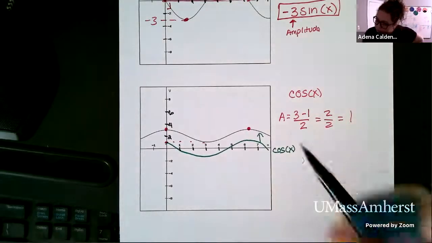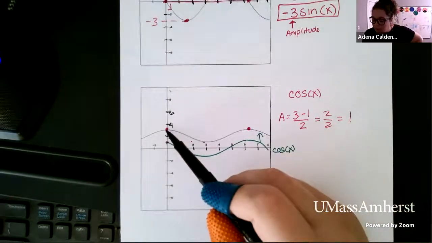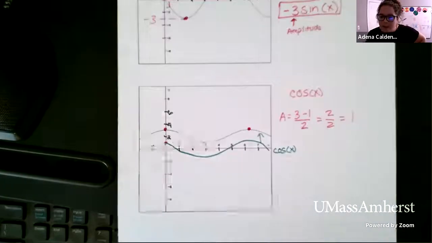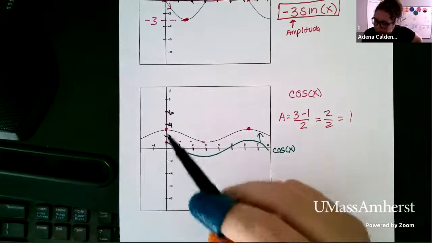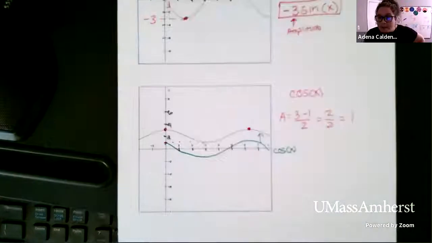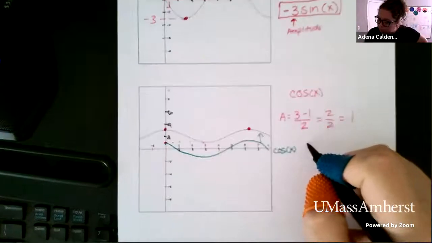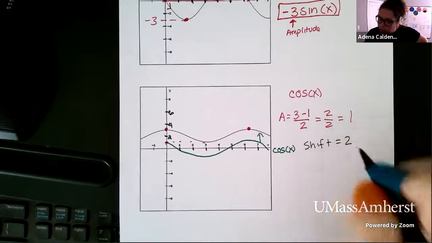One of the things you can do is just look at these maximum values to see if you can figure out how much it's been shifted. Typically, cosine lives between 1 and negative 1. Now the max value is at 3, right? So instead of being at 1, it's been moved up to 3. In order to get from 1 to 3, I have to add 2, right? So my shift is going to be 2 units.